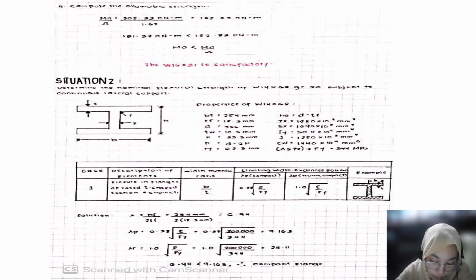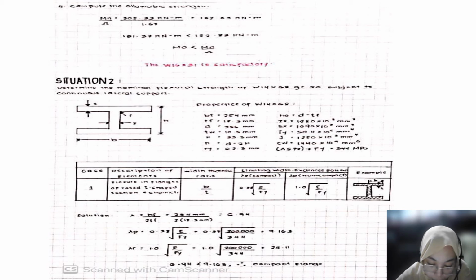the lambda. So, yung formula sa lambda is bf over 2tf. Substitute natin yung given, which is 254 mm over 2 multiplied by tf, which is 18.3, and makukuha natin ay 6.94.